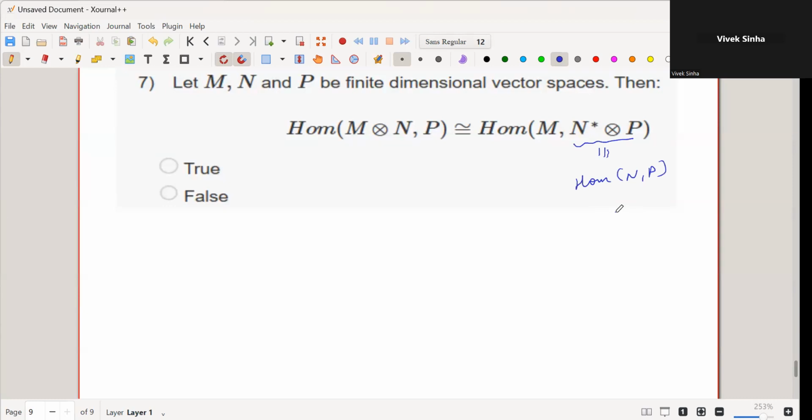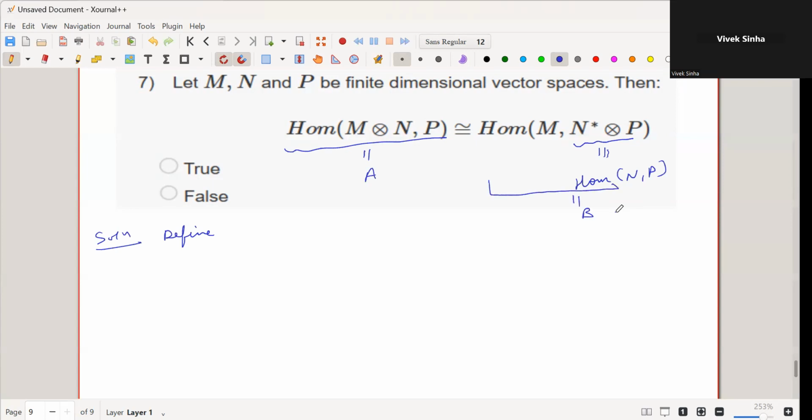So we will show that Hom(M tensor N, P) is isomorphic to Hom(M, Hom(N, P)). Let's say I give them some names because it's very difficult to write again and again: A, and this thing I will say B.